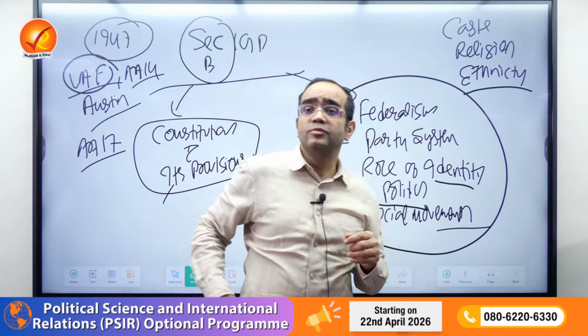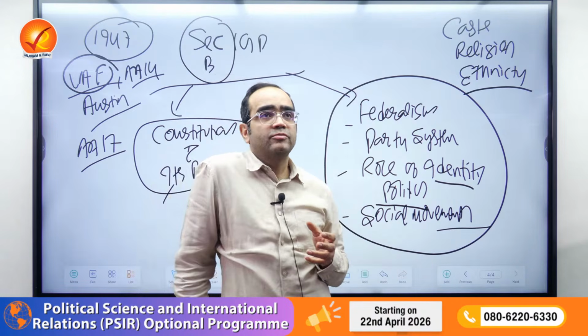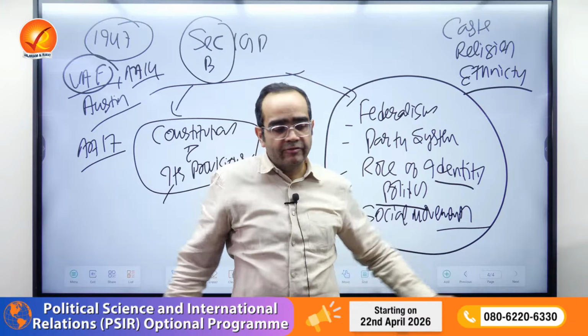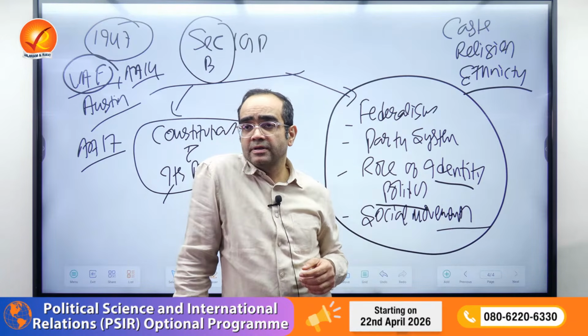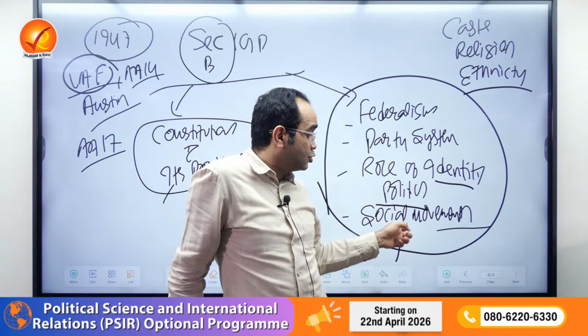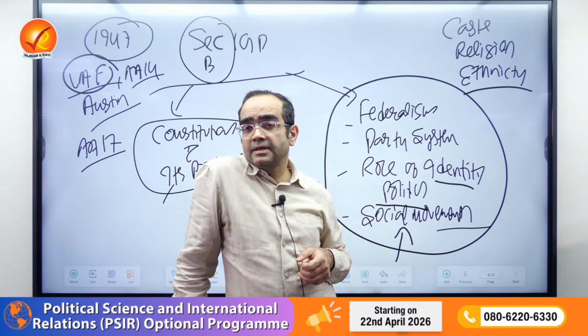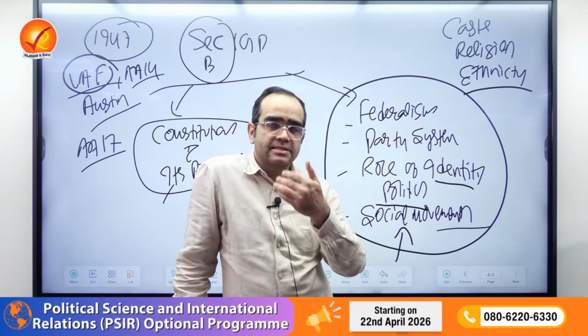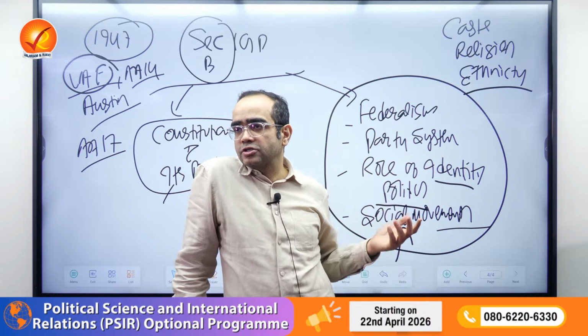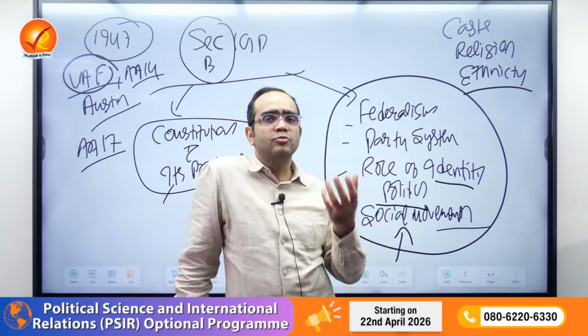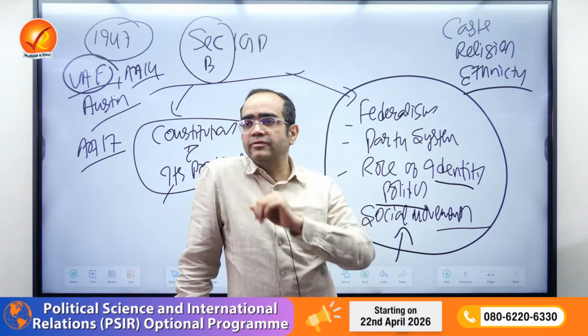Have you heard of the Chipko movement? The Chipko movement started in 1973, where women hugged the trees to protect them from being felled. This was an example of a social movement. And the very last topic of Paper 1 Section B, topic number 11, talks about social movements. So what are social movements? Social movements are not individual movements.